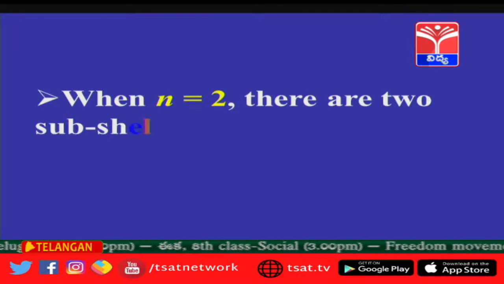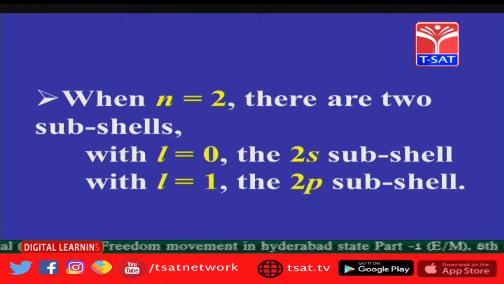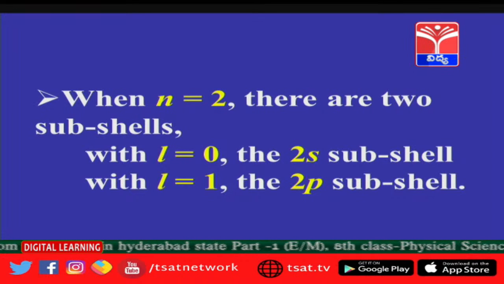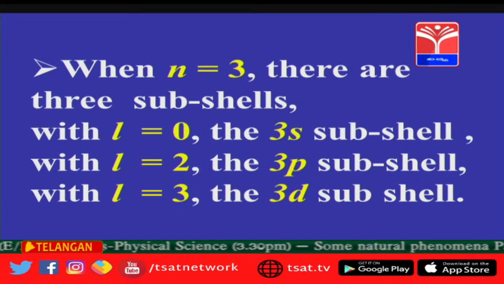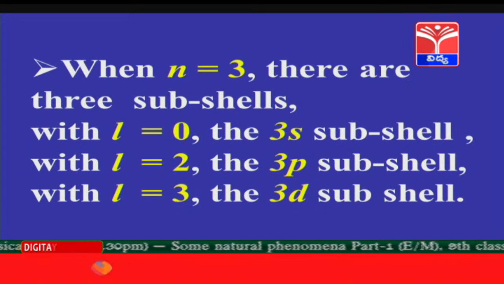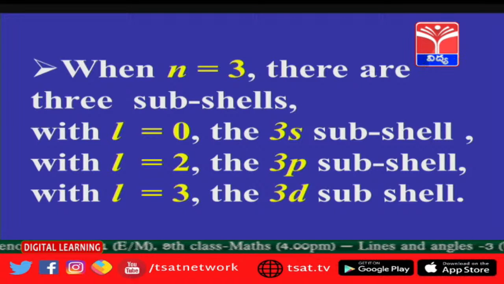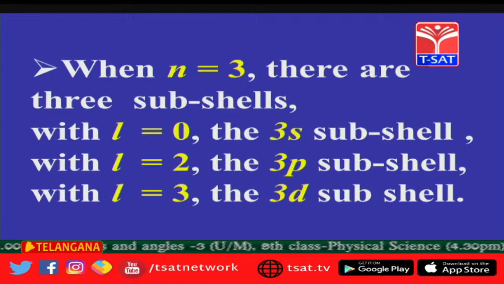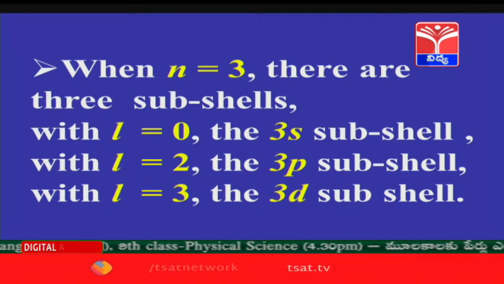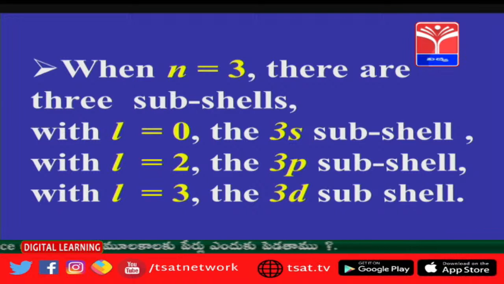When n is equal to 2 there are two subshells, in that with L is equal to 0 2s subshell, with L is equal to 1 2p subshell. Similarly, when n is equal to 3 there are three subshells, like L is equal to 0 then it is 3s subshell, with L is equal to 2 then it is 3p subshell, with L is equal to 3 then it is 3d subshell.